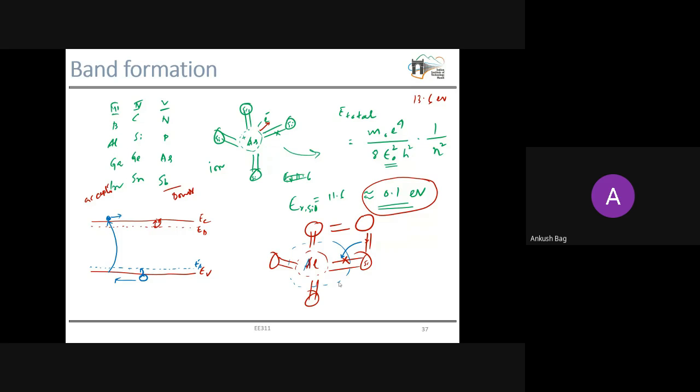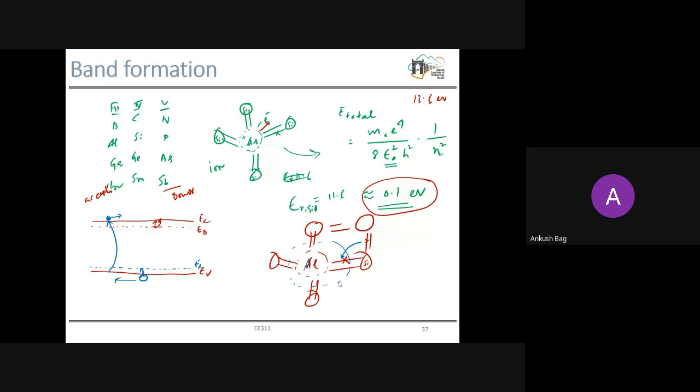Although they have some charge, they cannot move. But in order to have current, we need movement of charged particles. So the charged particles should move to get current, fundamentally. That is why these ions will not contribute to the current eventually, but the carriers, the electrons and the holes, will participate.